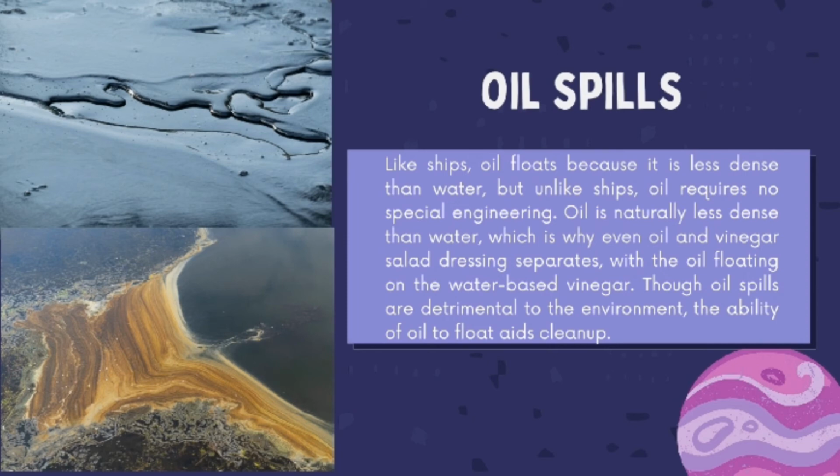Though oil spills are detrimental to the environment, the ability of oil to float aids cleanup. Thus, we are thankful that oil separates from water, because when a ship leaks oil, it can cause harm for the animals in the ocean.